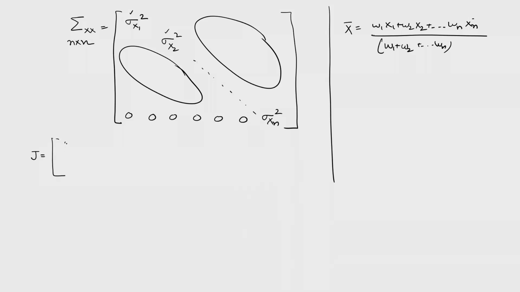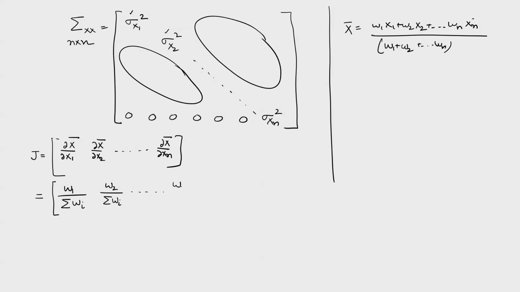So, the J matrix will be dou x bar by dou x1, dou x bar by dou x2 and so on, dou x bar by dou xn, right. You can differentiate yourself and you will find that you get W1 divided by the summation of all the weights. I am just writing it as Wi like this. That is your first member. Here you will get W2 divided by sigma Wi and so on. You will get Wn divided by sigma Wi here.